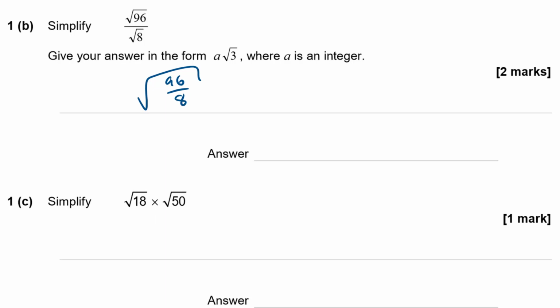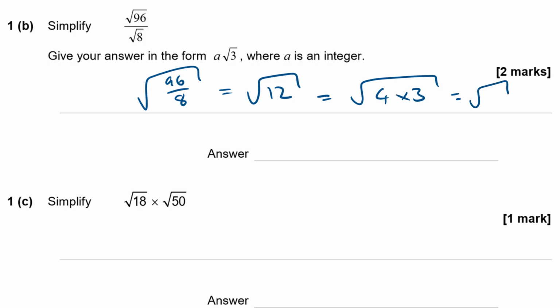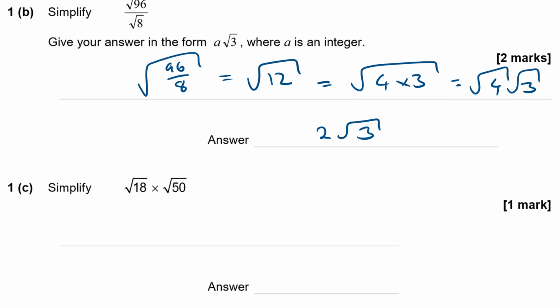And 8 goes into 96 how many times? I think it goes in 12 times, doesn't it? So that's the same thing as root 12. And root 12 is the same thing as the square root of 4 times 3, which is the same thing as root 4 times root 3, which is the same thing as 2 root 3. So that's how it simplifies, 2 root 3.